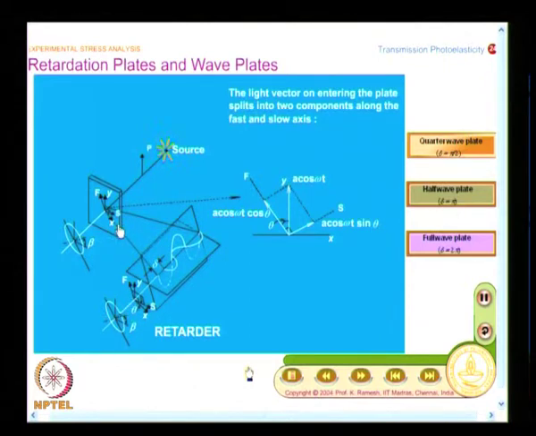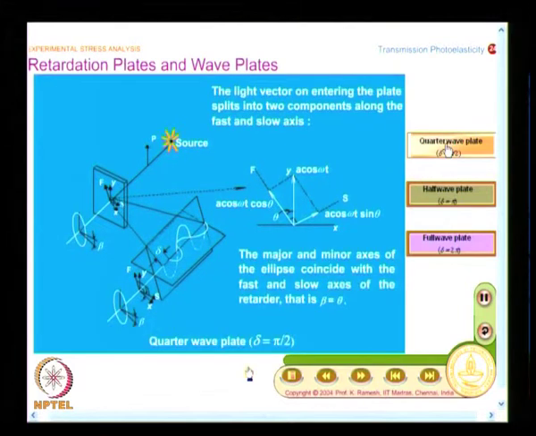Suppose I go and adjust the thickness of the plate and ensure that I have delta equal to pi by 2. It is 1/4 of a wave. So, I call that a quarter wave plate. What happens here?